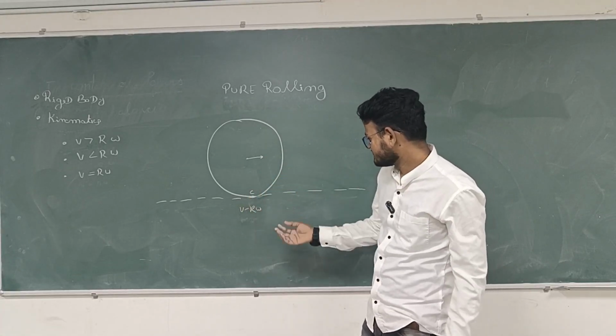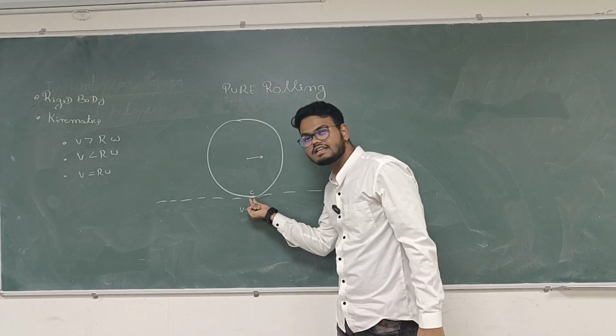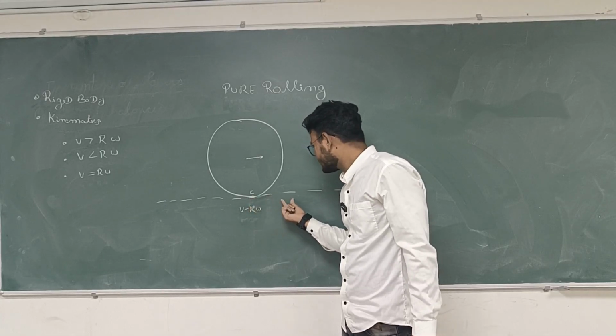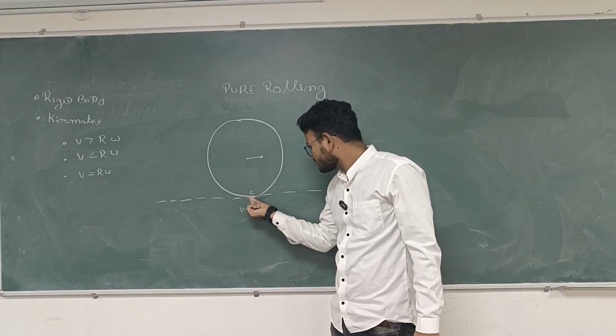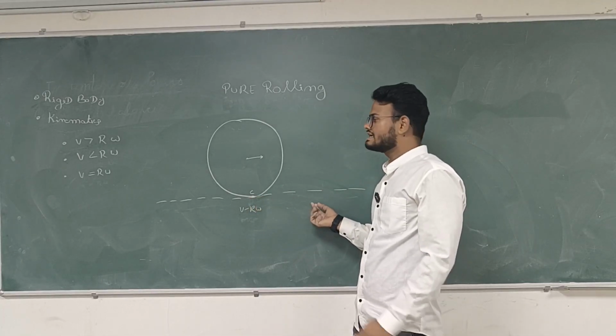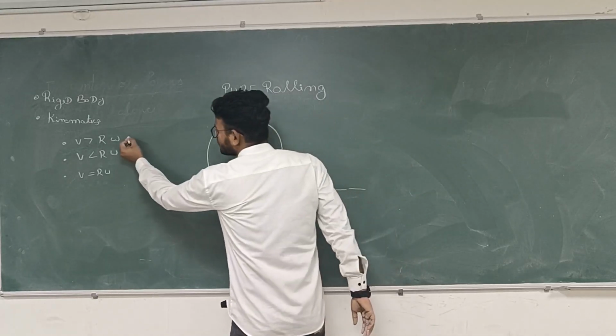That means there is a relative motion between the surface and the point of contact. Then this point of contact tries to move in forward direction, and that is known as forward slipping.